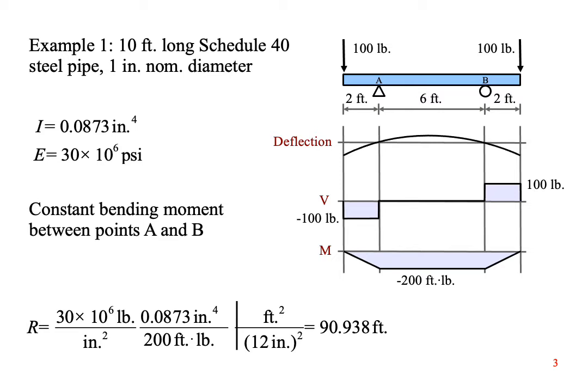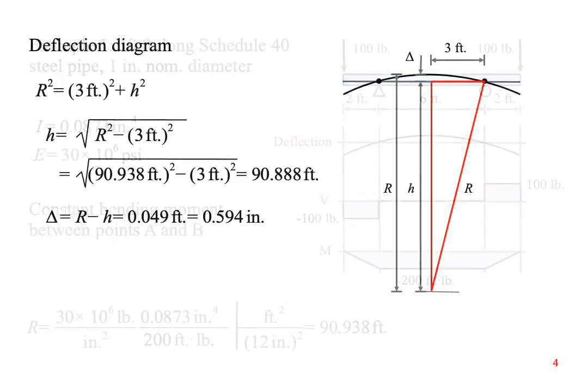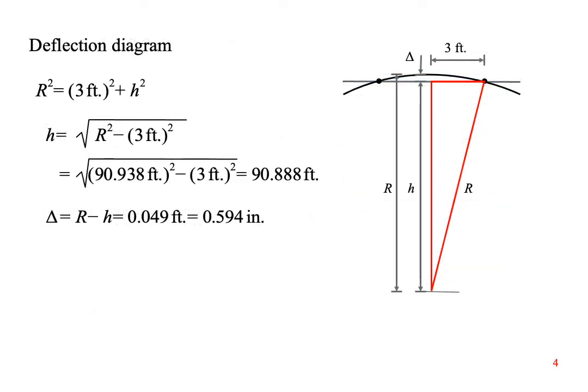So, the radius of curvature of the center part of the beam is 90.938 feet. We can use this number to figure out the maximum deflection of the beam. Let's use the Greek letter capital delta to be the deflection of the beam.